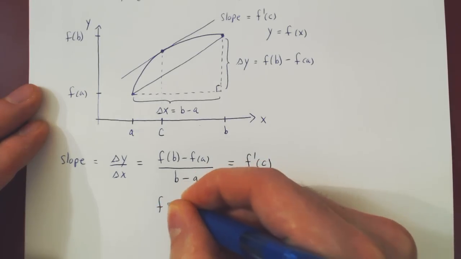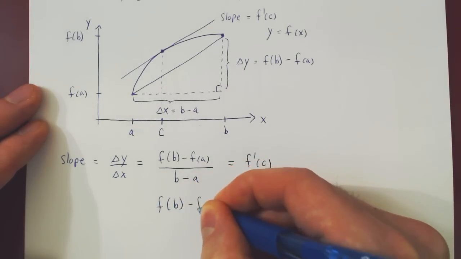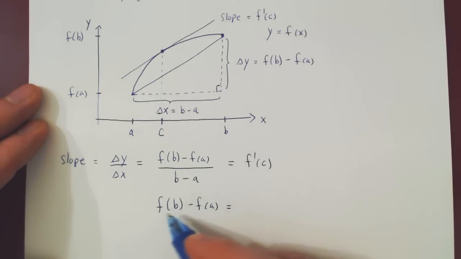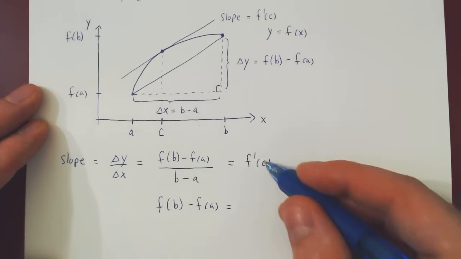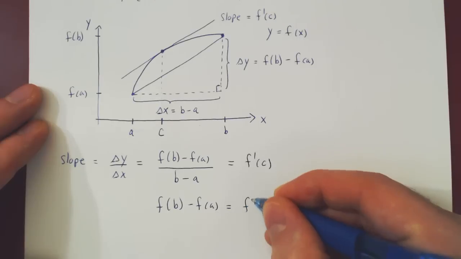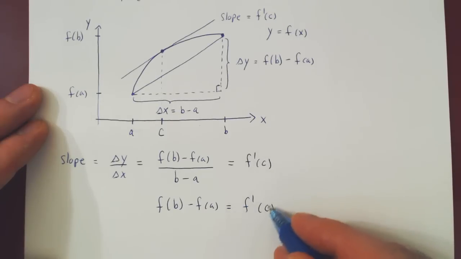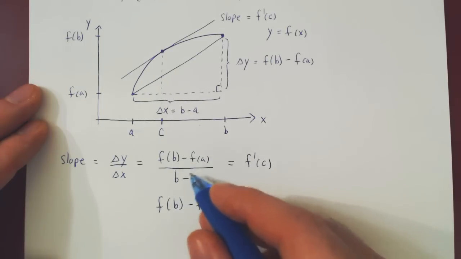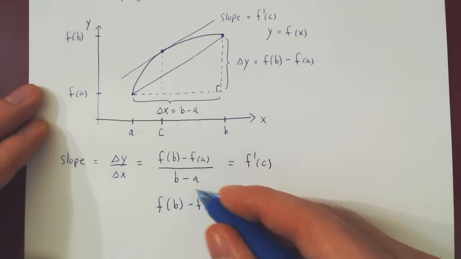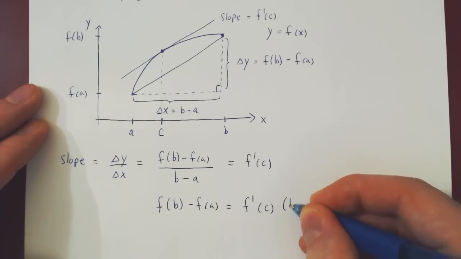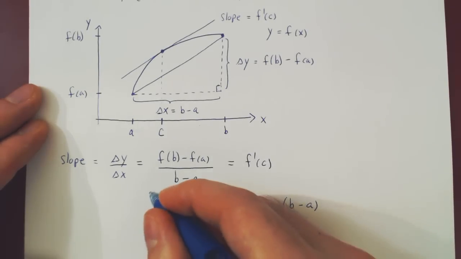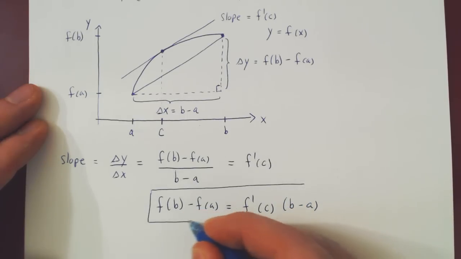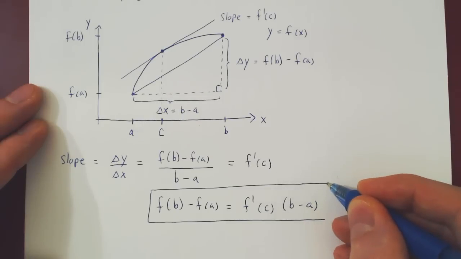So think of it this way. f of b minus f of a, the total change in y, delta y, is equal to the derivative of the function at some point c, some point between a and b, times the change in x, right? Multiply by b minus a on the right, and this will be the form of the mean value theorem that we'll be using in proving the fundamental theorem of calculus.